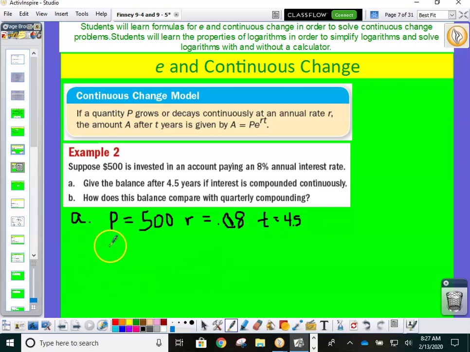So we type that in our calculator. We've got 500 E to the 0.08 times 4.5.